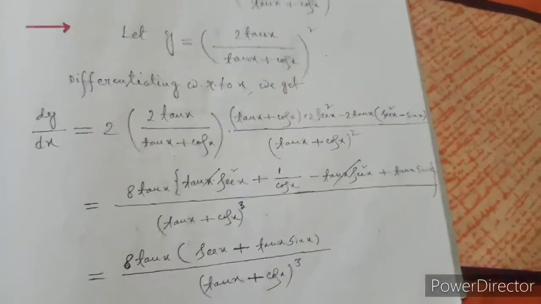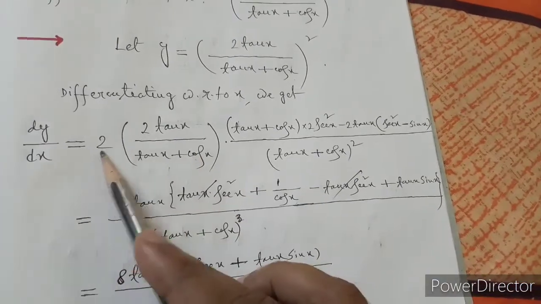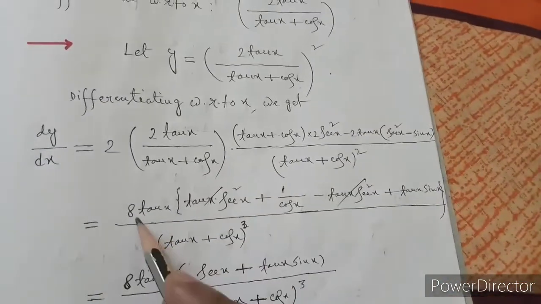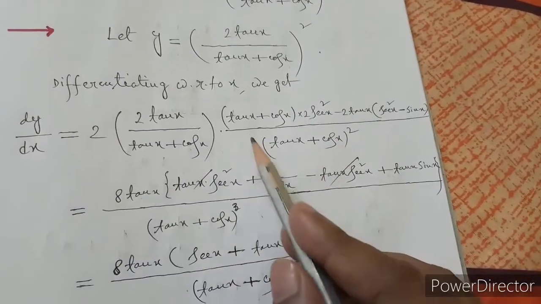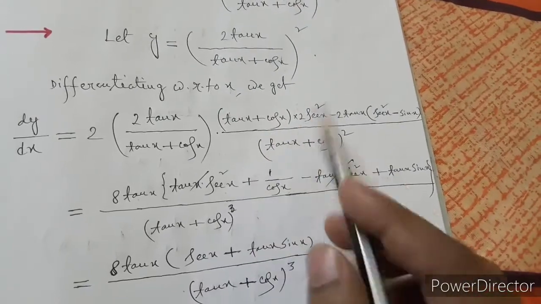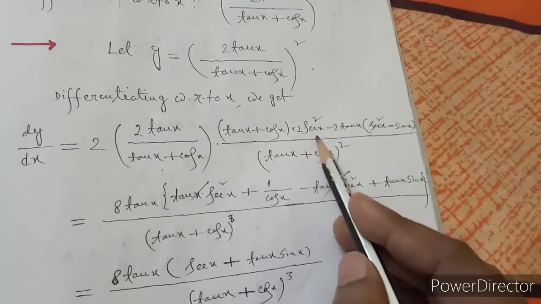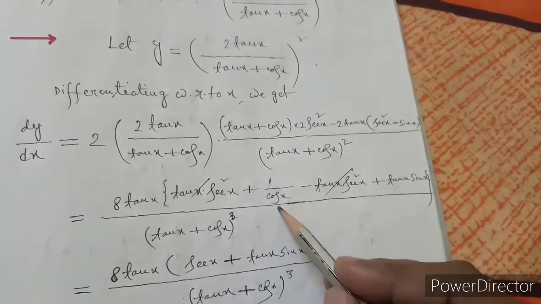Got it? So now look at that. There is a 2, there is a 2. So this 2 common, this 2 and this 2. So there are three 2s, this means 8. So 8 tan x into, look at that, tan x into sec square x, plus cos x into sec square x means 1 by cos square x. So cos x by cos square x is 1 by cos x.